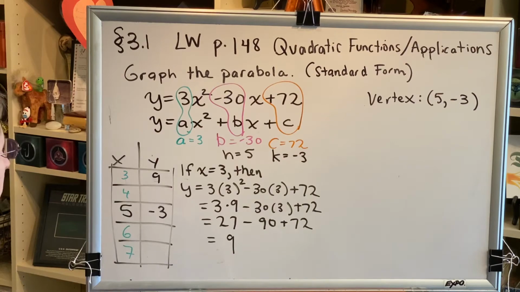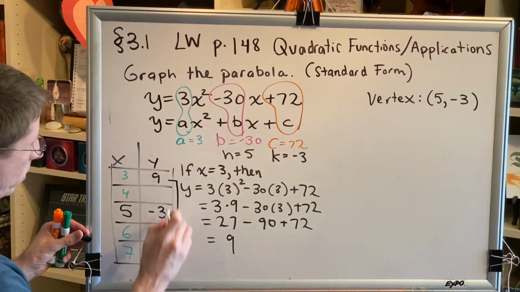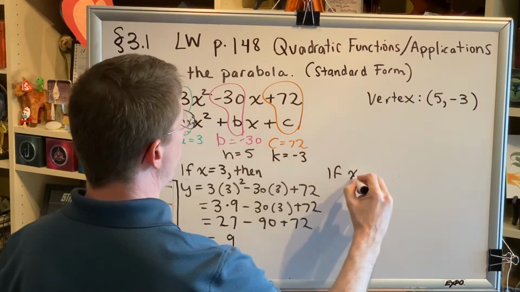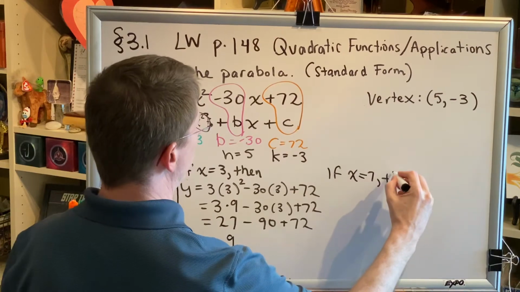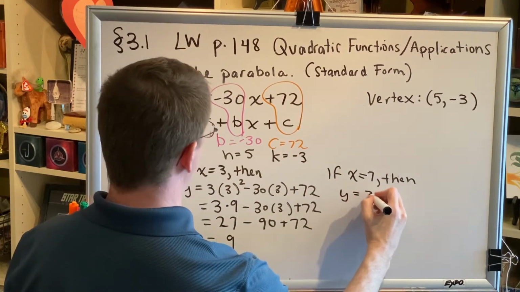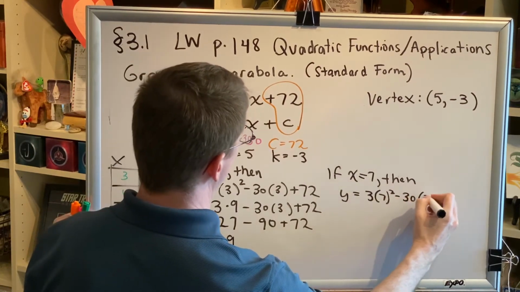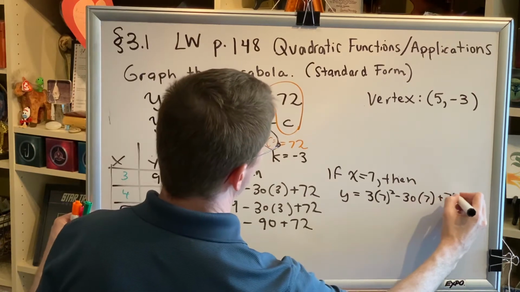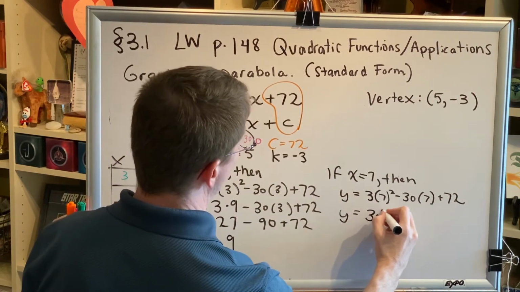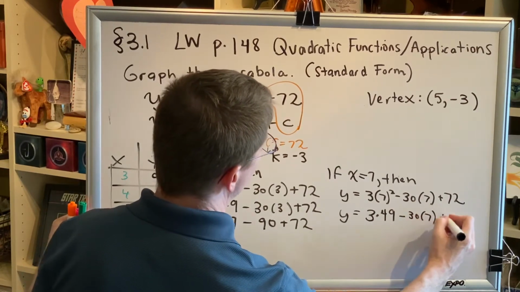All right, next value. Let's do this one since we're expecting to get the same result. Let's do x is 7 next. If x equals 7, then y equals 3 times 7 squared minus 30 times 7 plus 72. Y equals 3 times 49 minus 30 times 7 plus 72.